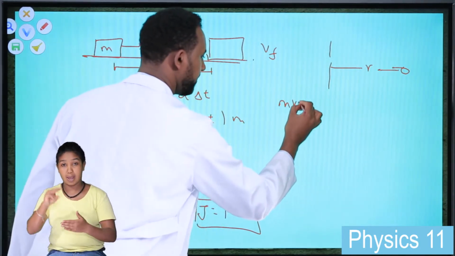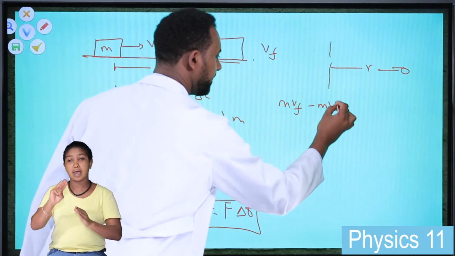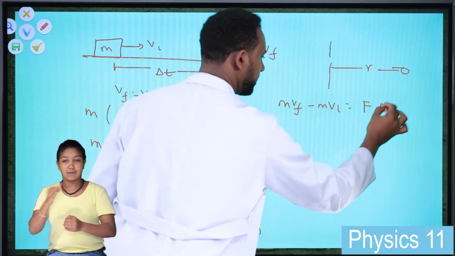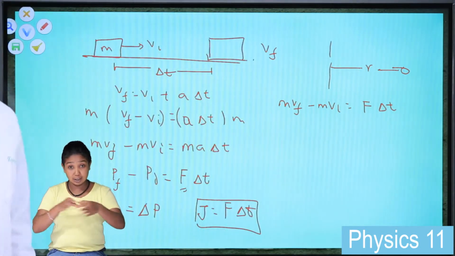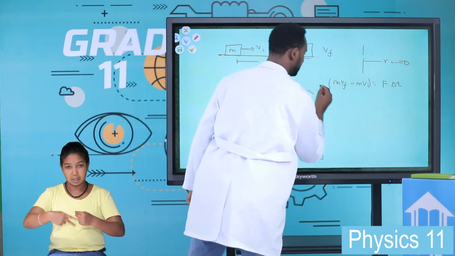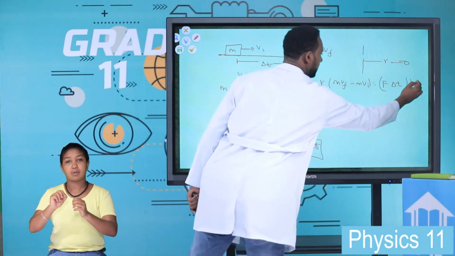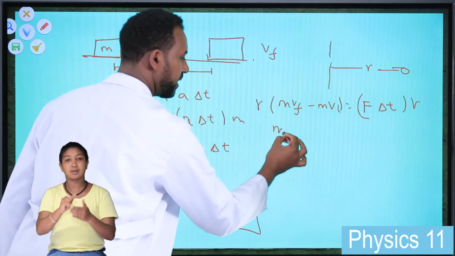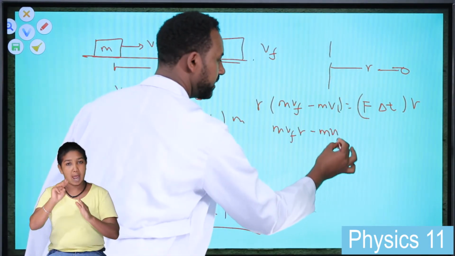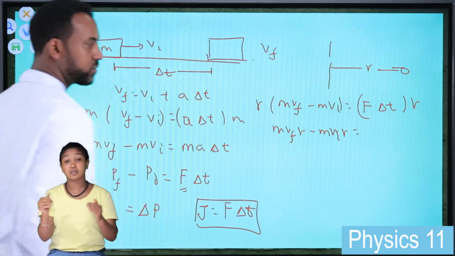Therefore, m v final minus m v initial is equal to net force F times change in t. This was the expression for linear momentum. If you multiply both sides by this radius r, you can find that m v final times r minus m v initial times r is equal to what?